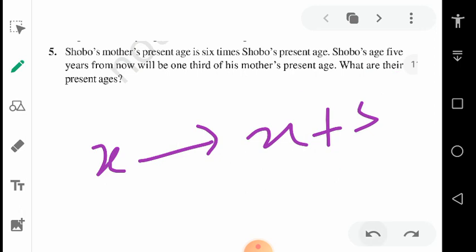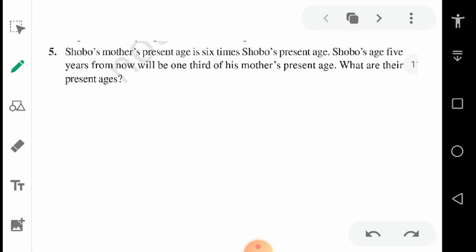Here it is the question regarding the ages of a mother and her son. Given that mother's age is 6 times son's age, it means you have to multiply the son's age by 6.